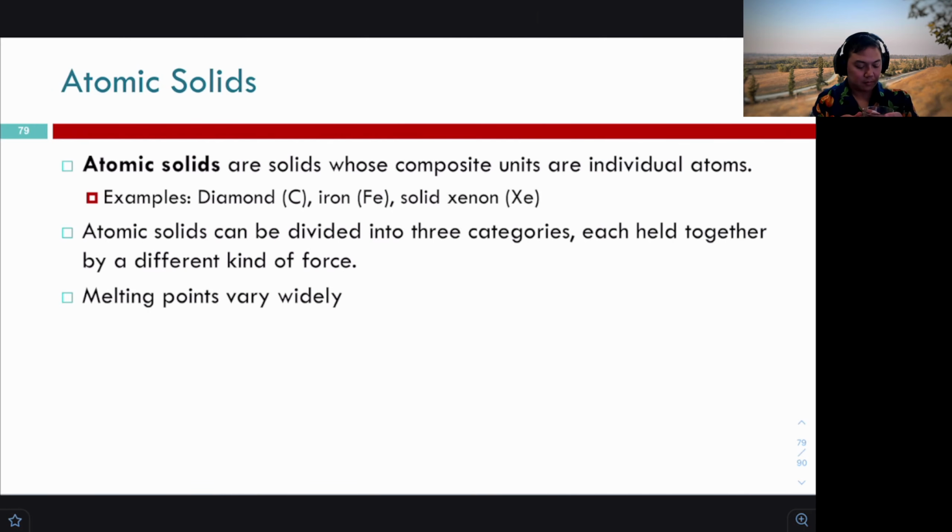So we can actually further divide our atomic solids into 3 different categories held together by different kinds of force. So it's going to be covalent atomic solids, metallic atomic solids, and non-bonding atomic solids.